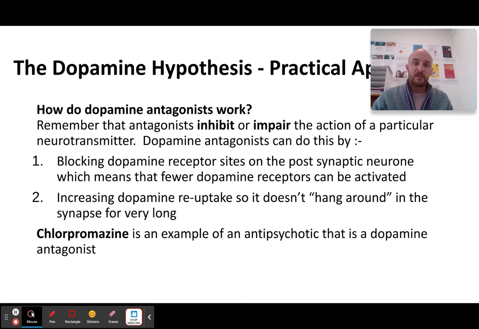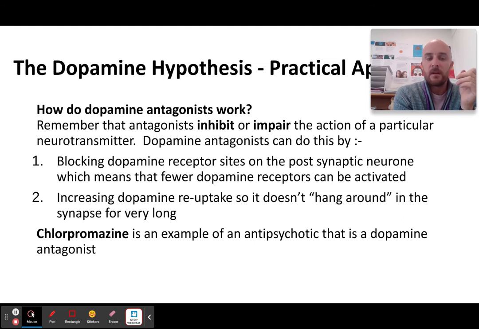So going back to the explanations, if the problem is the dopamine, then what we can do is use antagonists, which can inhibit or impair the action of a particular neurotransmitter. So antagonists will slow down or break down or potentially stop a certain neurotransmitter.